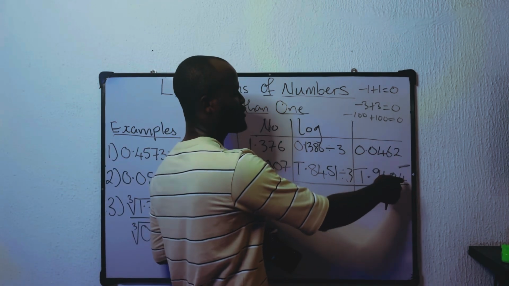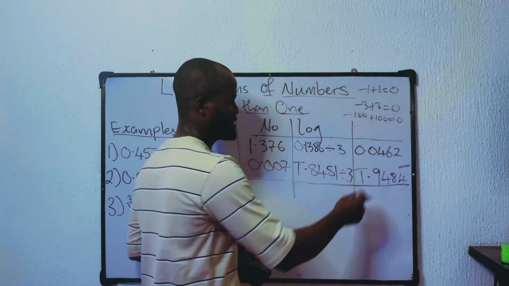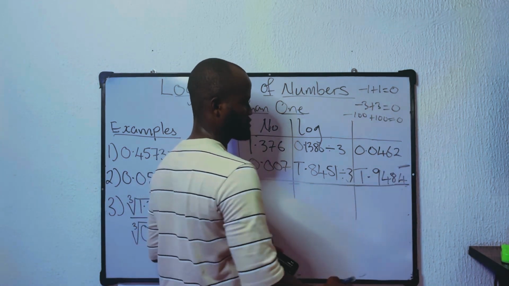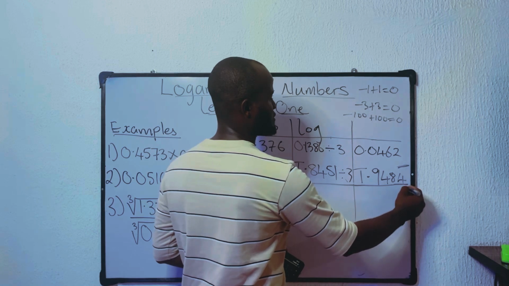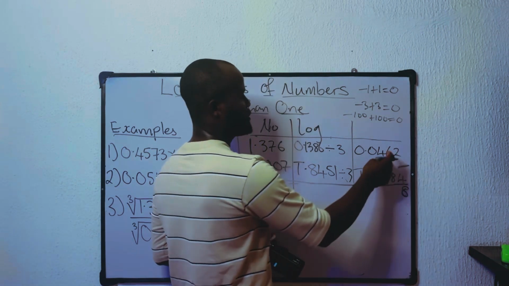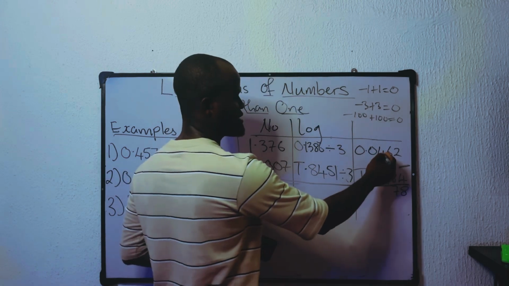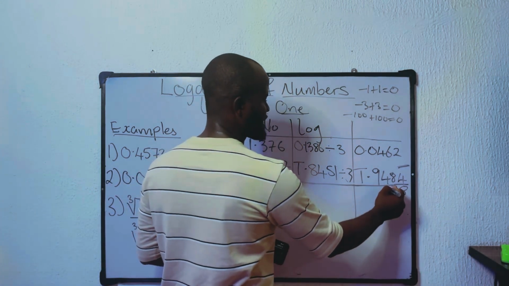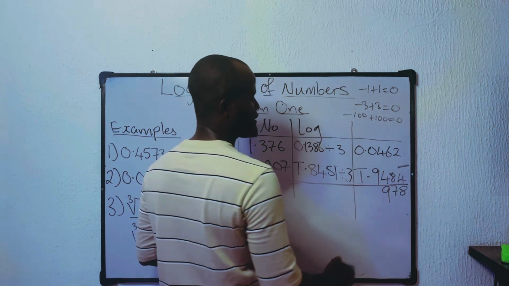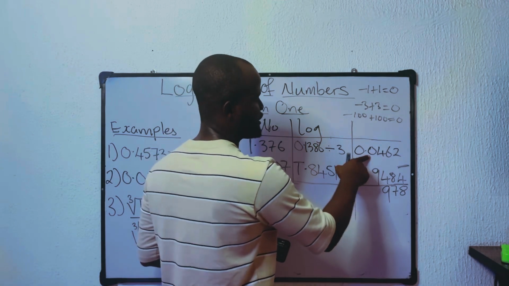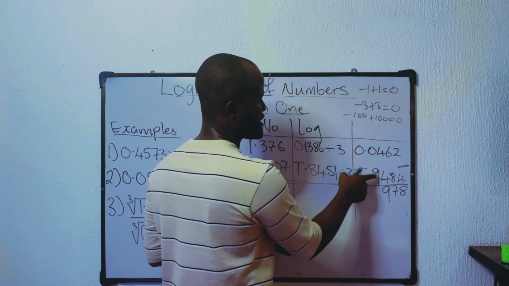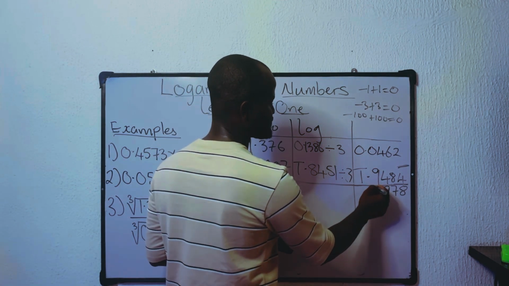So 2 minus 4 is not possible, so we take 1 from here, it becomes 12. 12 minus 4 gives us 8. And here you have 5, you take 1 from here, 15 minus 8 gives us 7. So 13 minus 4 gives us 9. And here you have 9. 9 minus 9 gives us 0.